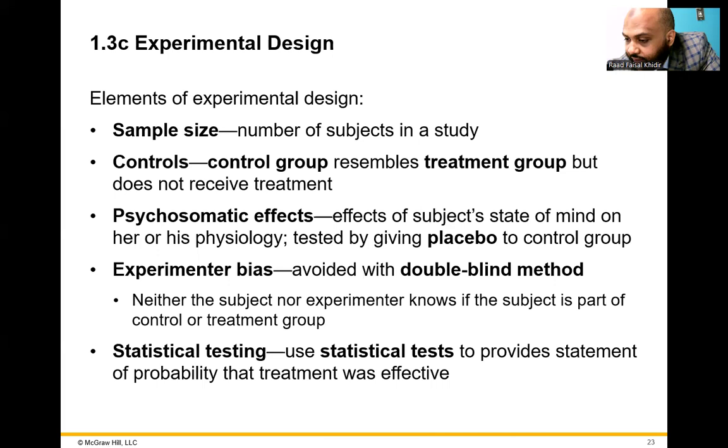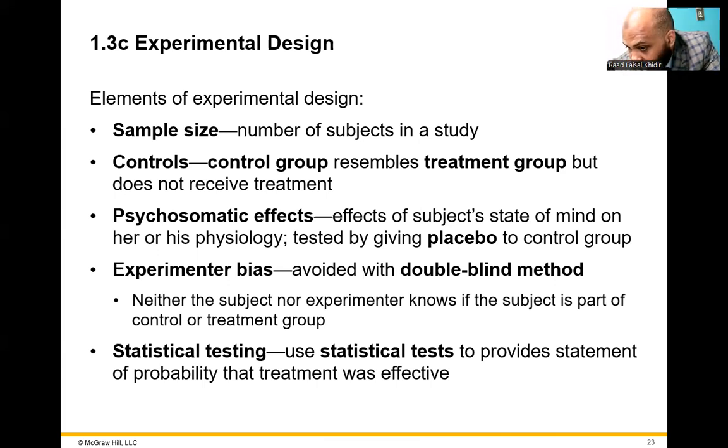By the double blind method. What is the double blind method? In the double blind method you have three components: your researcher, the control group, and the experimental group. What is the difference between a control group and experimental group? They don't take any treatment. Very good. Okay, is that clear?